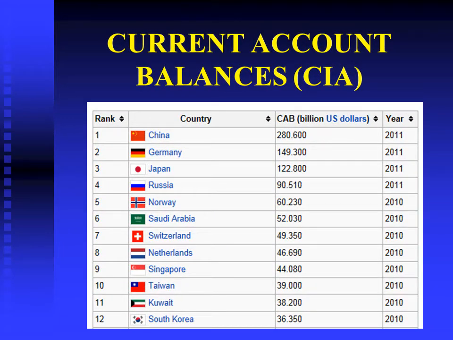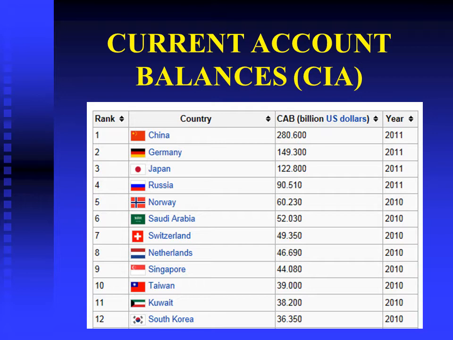How does it work in real life? Well, these are the issues facing Europe. This is the current account balances. The current account balance is the trade balance plus or minus the flows of capital that go into that country for investment or other purposes.